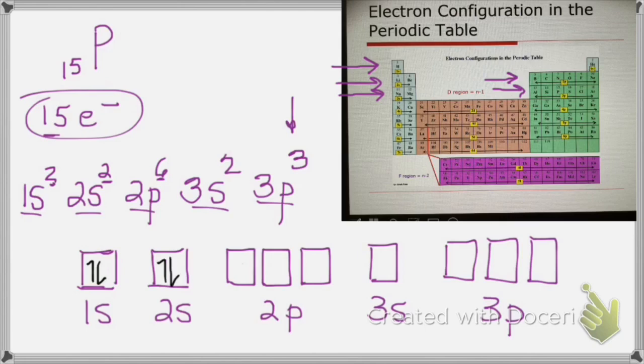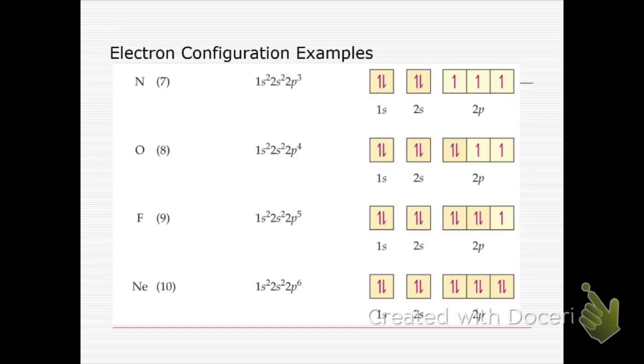And really, according to Hund's rule, this would fill in 1 at a time and then double up. Then 3s, and now my 3p, I only have 3 of those, so I am showing 1 up arrow in each of the p orbitals. Here we see electron configurations and orbital diagrams for nitrogen, oxygen, fluorine, and neon.